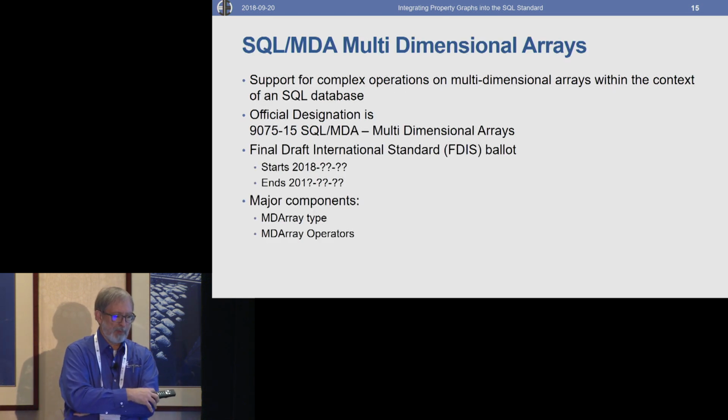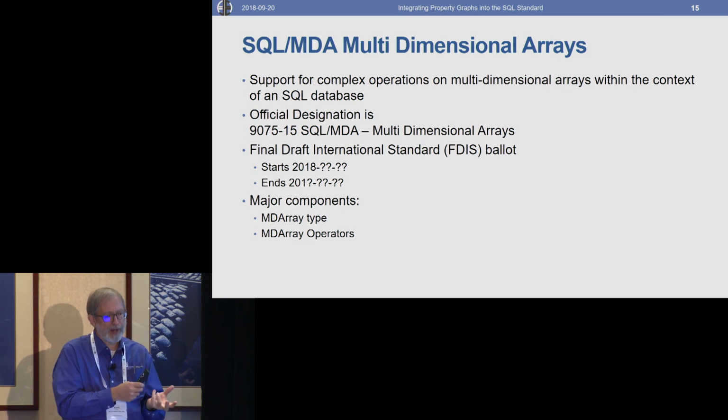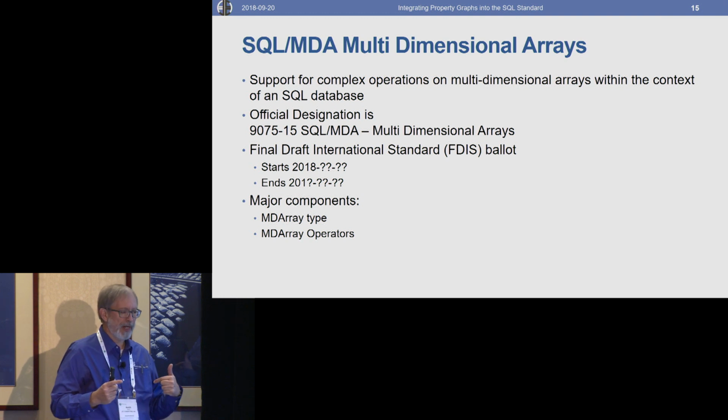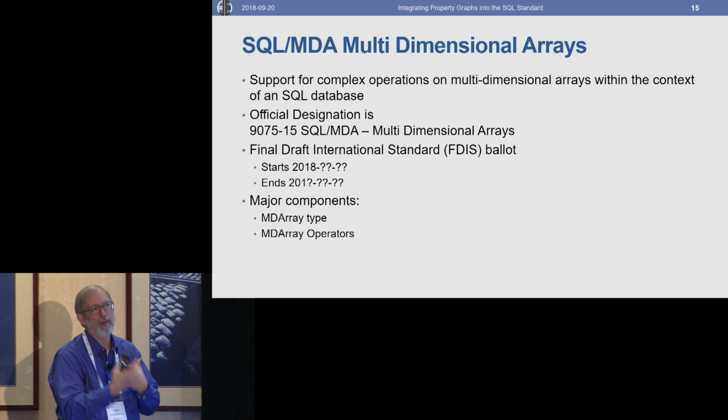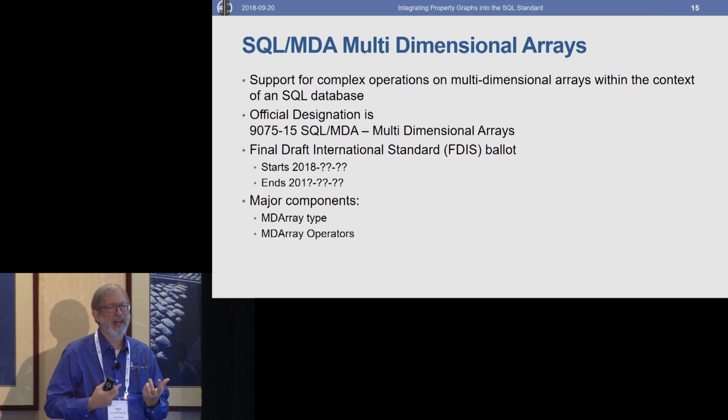The SQL standard prior to this part supports single dimensional arrays. But the idea of a multidimensional array is you can create an n-dimensional array where it has a single data type. The only restriction really is that the data type has to be essentially fixed length.